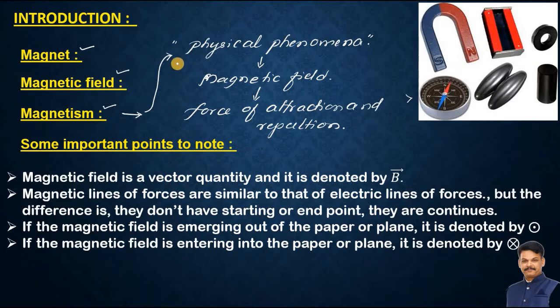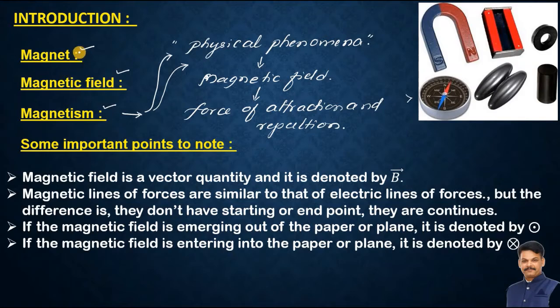Along with that, we can observe some other phenomena, relate them with each other, and study different concepts. So, indirectly, magnetism acts like a property of the material.